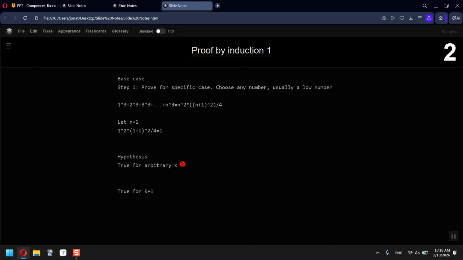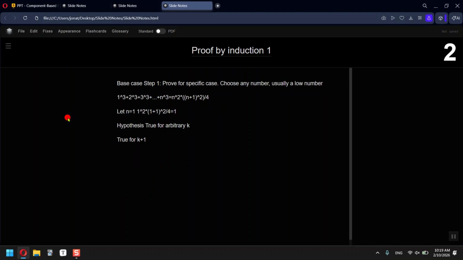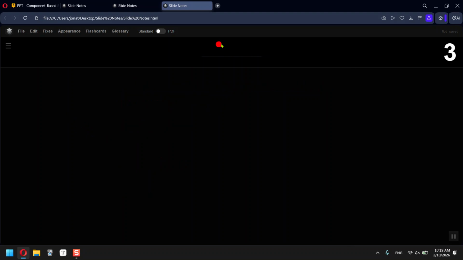Also, let's go to the solution over here. So, we are supposing that 1 cubed plus and so on up to k plus 1 cubed equals k plus 1 squared times k plus 1 plus 1. A bit small.